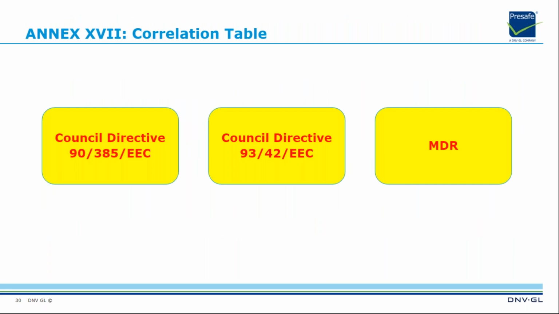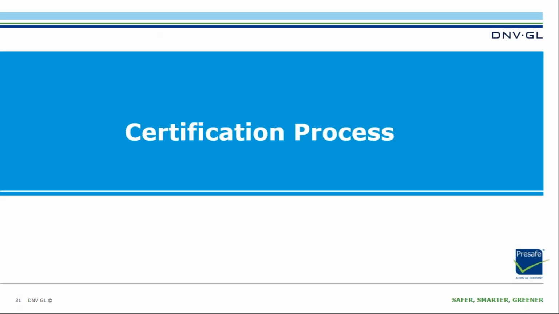And the last annex, Annex 17, is a correlation table which compares requirements and articles of Council Directive 93/85/EEC, Council Directive 93/42/EEC, and MDR.